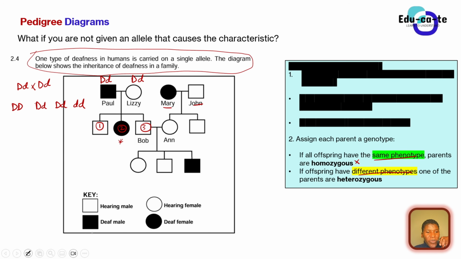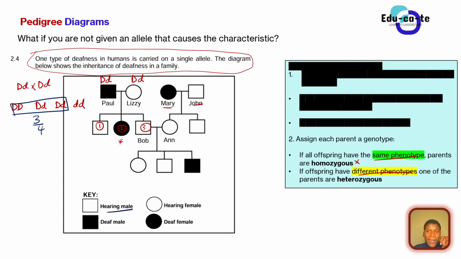Do you see that when you cross these 2, you have 3 out of 4 chances of getting people with no deafness, people that are hearing? It's either a male or female, but someone who is normal in terms of hearing, just like you are hearing me now. But there is 1 chance out of 4, which is 25%, of getting someone who is not able to hear. So basically here we can have that.